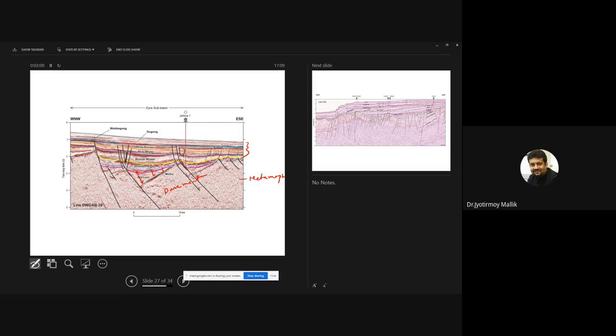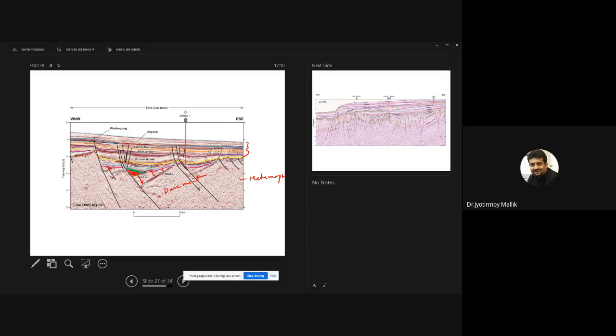This could be your potential trap, because if there is a shale which is forming your cap rock here, you can prove that this could be one of your traps. Similarly, there could be a trap here, and so on and so forth. So they will be generally fault dependent.